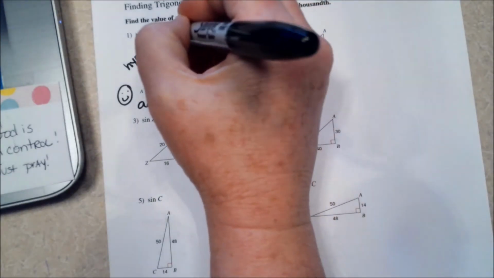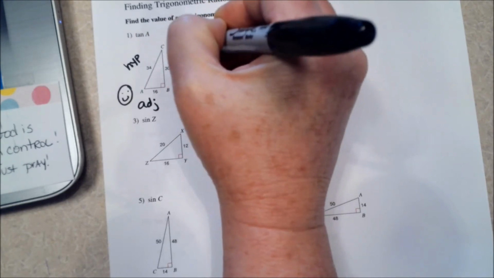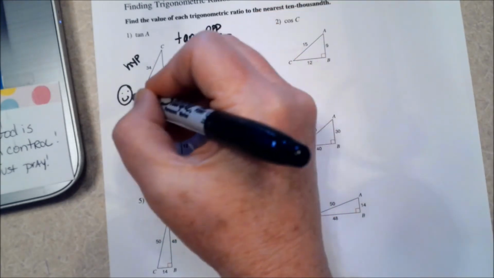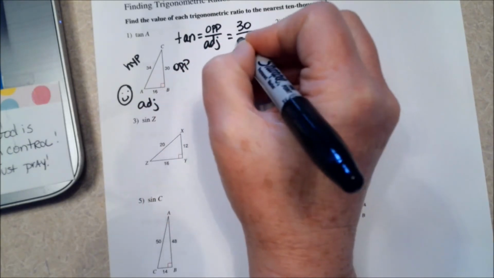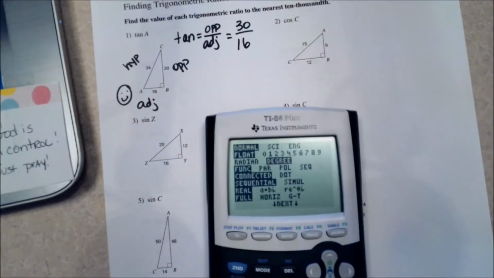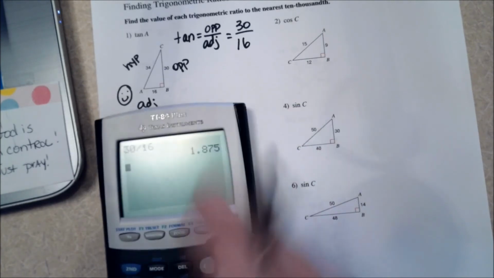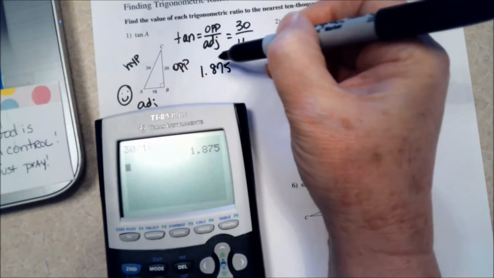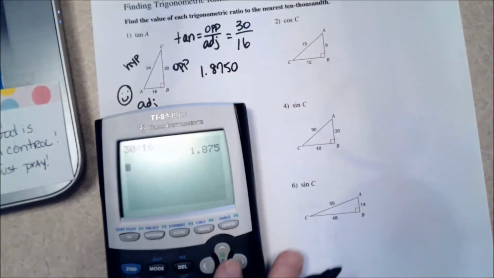For tangent, I need the opposite over the adjacent. So the opposite of A is 30. The adjacent side is 16. They want me to give the answer to the nearest 10,000th. So 30 divided by 16 is 1.875. That's the tenths, the hundredths, the thousandths. The 10,000th place is 0 on this problem.